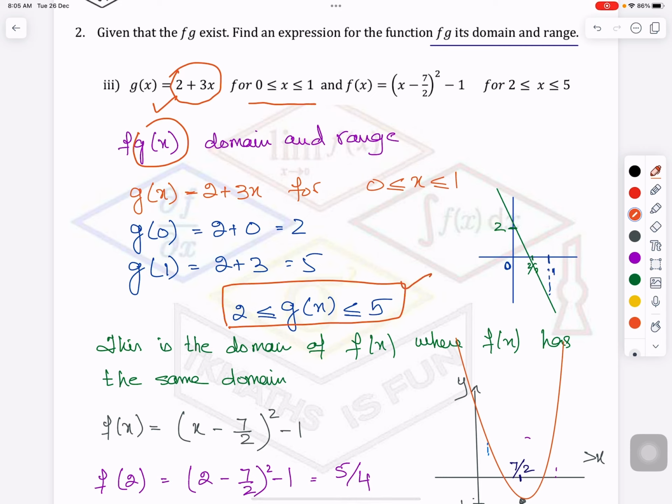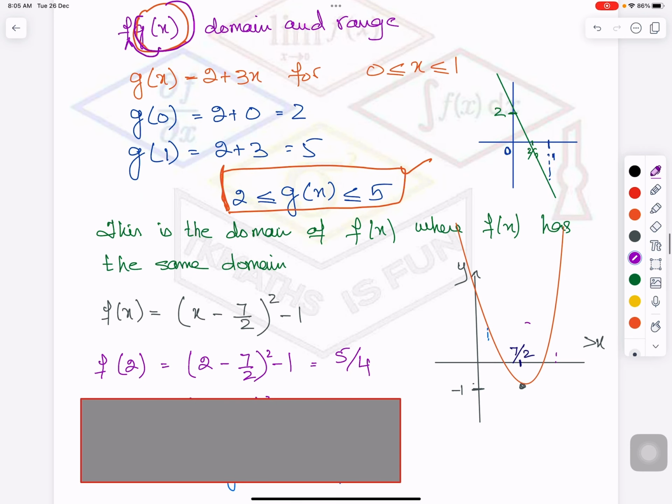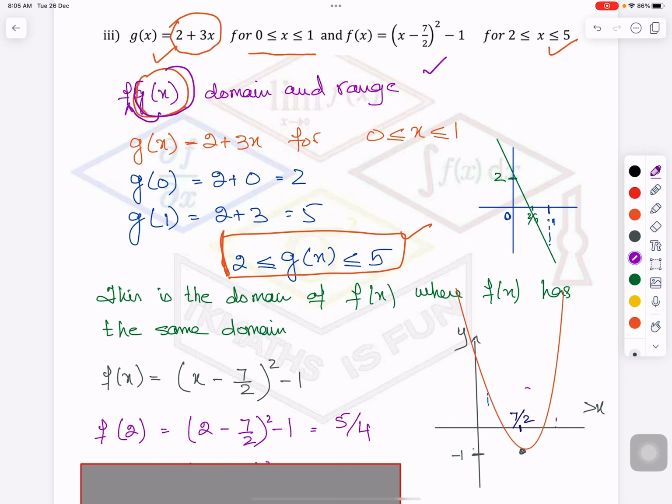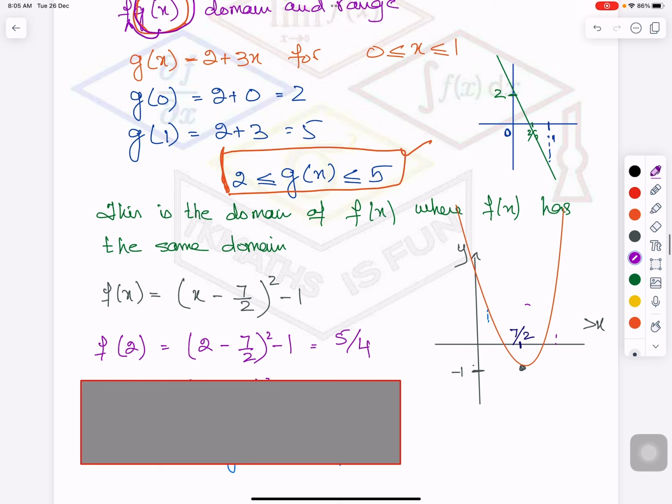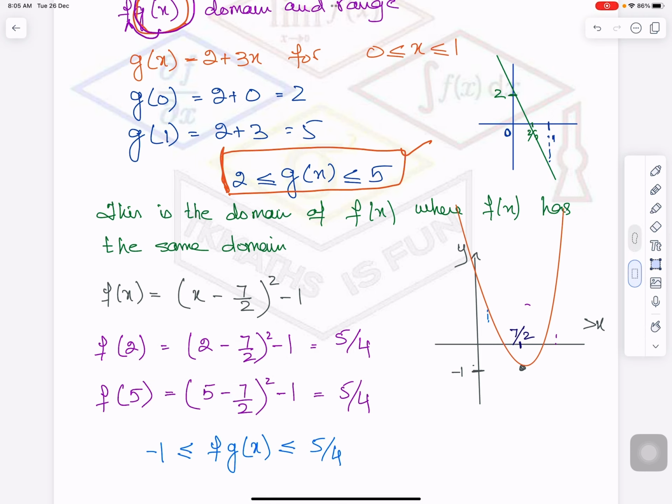And this is exactly the same as the domain of function f. Why? Because the range of the first function becomes the domain of the second function. So it is exactly same. But now this was a quadratic equation. So that's why I did a sketch here first. Right?